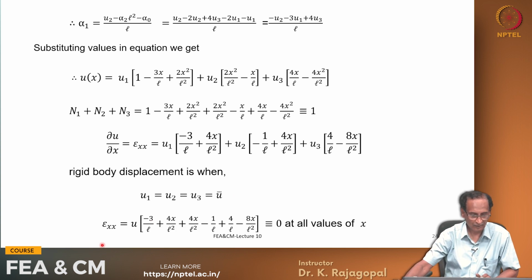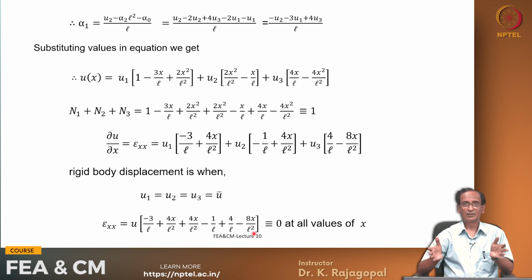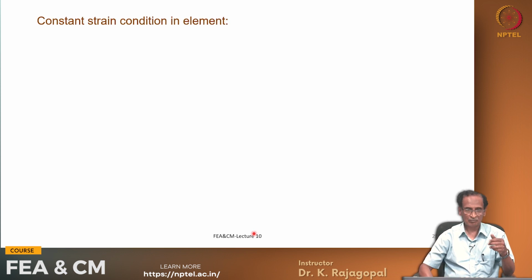If you calculate epsilon xx, because u1, u2, u3 are constant at u bar, we can take it out, and the sum total of all these bracketed terms is equal to 0. That means our strain is 0 within the element if we subject the body to rigid body displacements. That is what we require as one of the conditions for monotonic convergence.